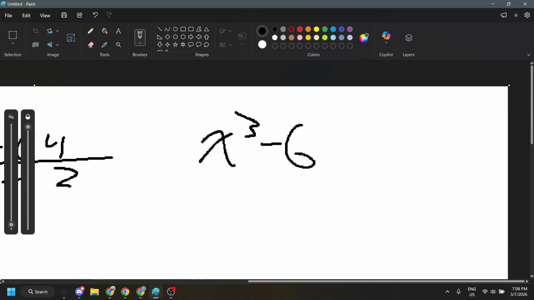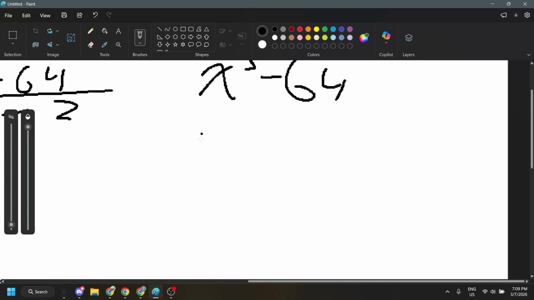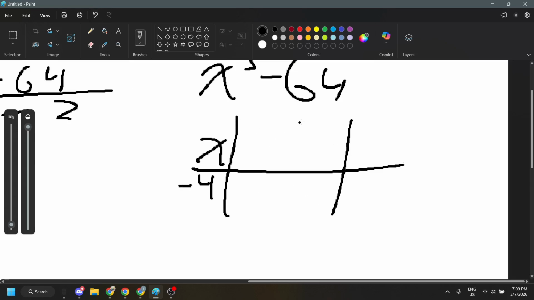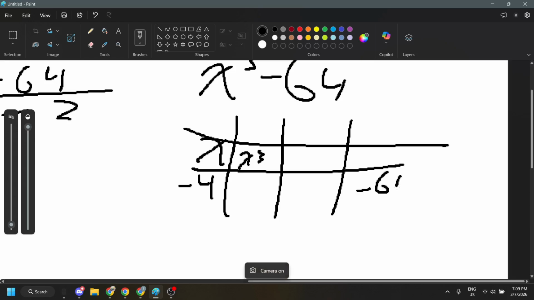X cubed minus 64. Well, 4 is a root, so we could take out x minus 4. x minus 4 times something will equal x cubed and negative 64.